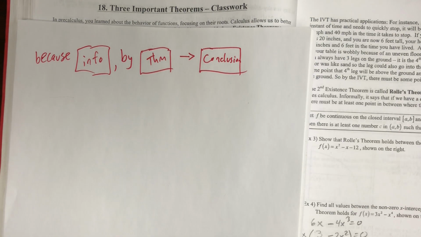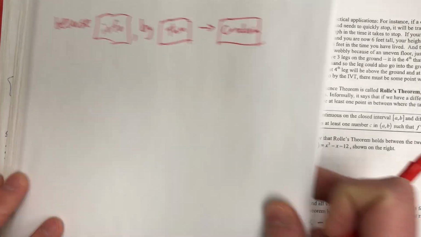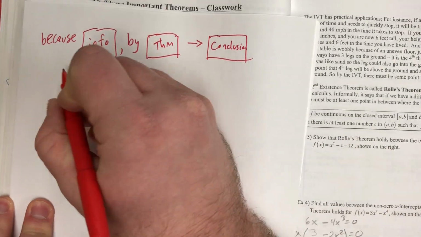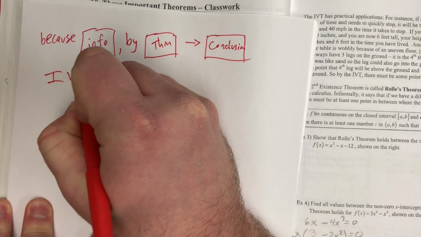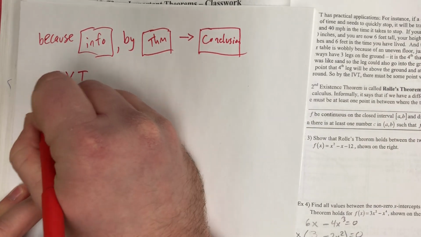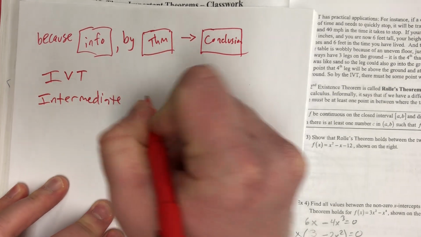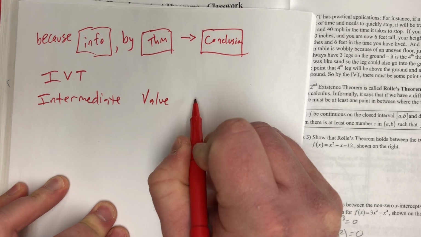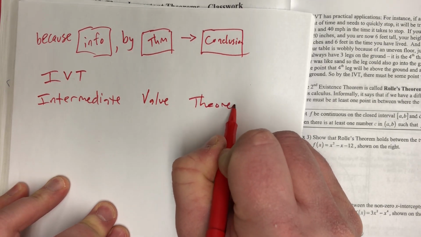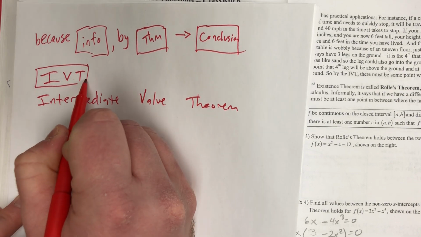Here we go. The first theorem that we're going to talk about is called IVT, the intermediate value theorem. You are allowed to use the abbreviation IVT.